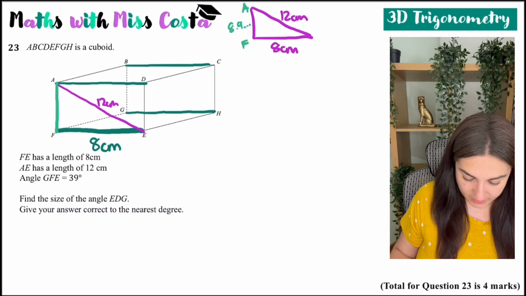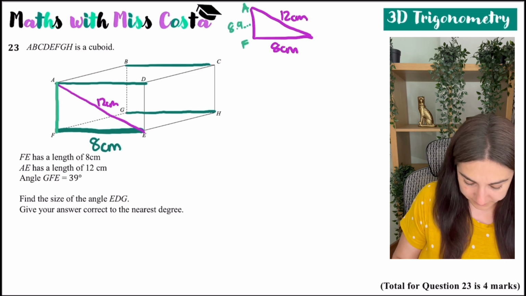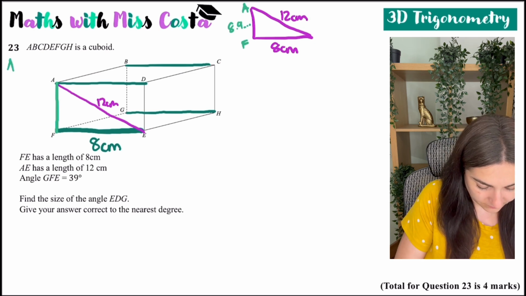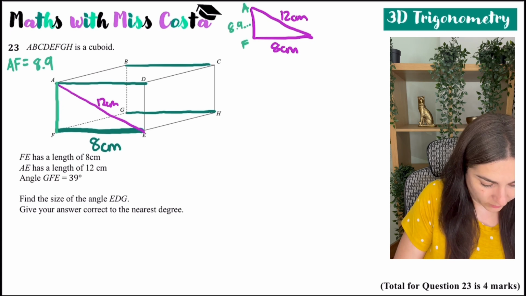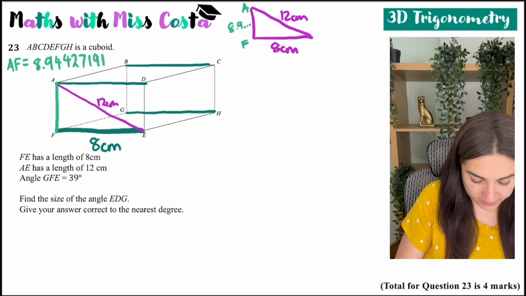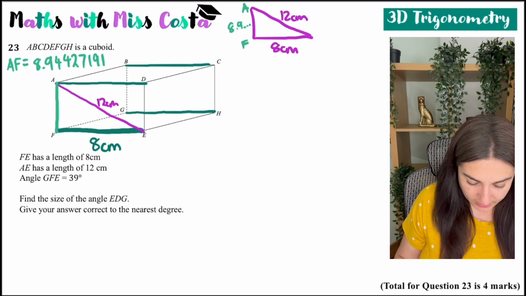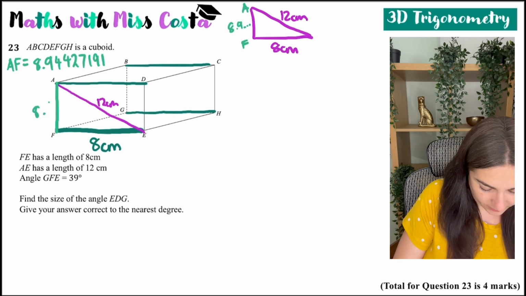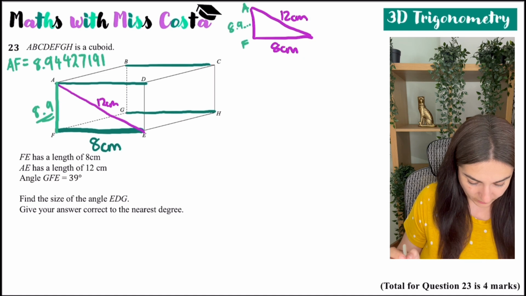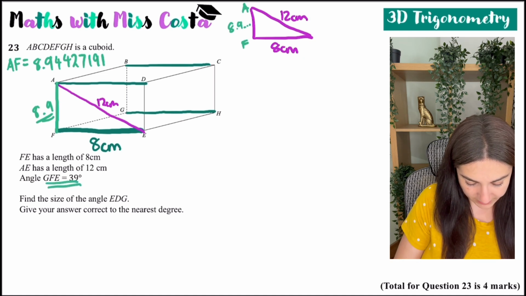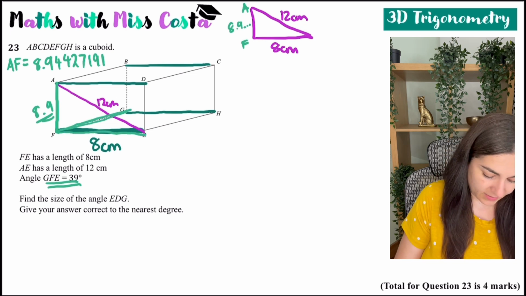So AF and any of these vertical heights is going to be 8.9442791. So I know that. What else do I know? I know that angle GFE, so GFE is going to be here. So GFE is this angle here.